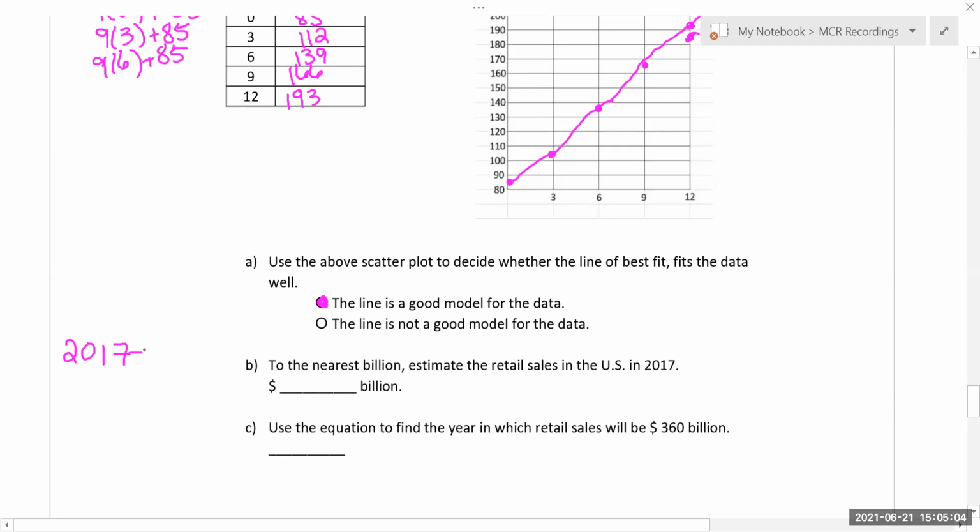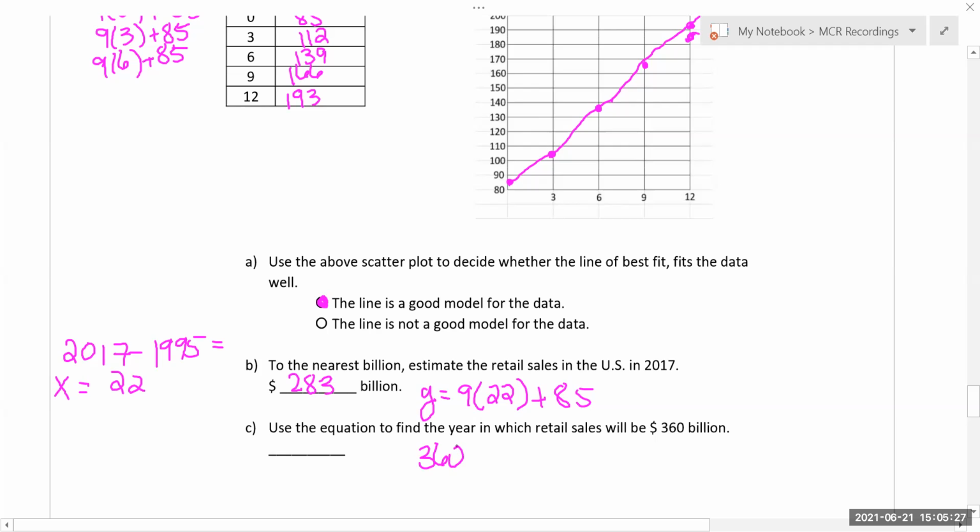We're going to put years since 1995, because that was our starting point. So that's our x value. So it was y equals 9 times 22 plus the 85. So approximately 283 billion.